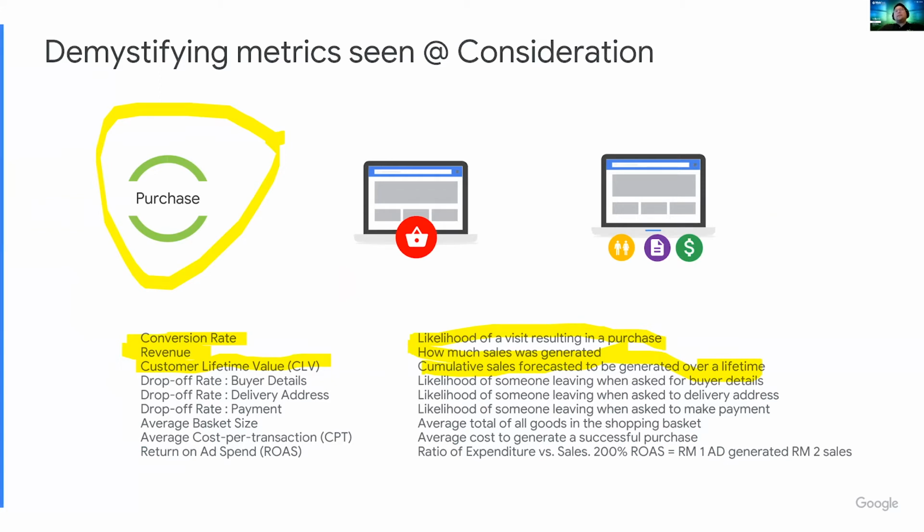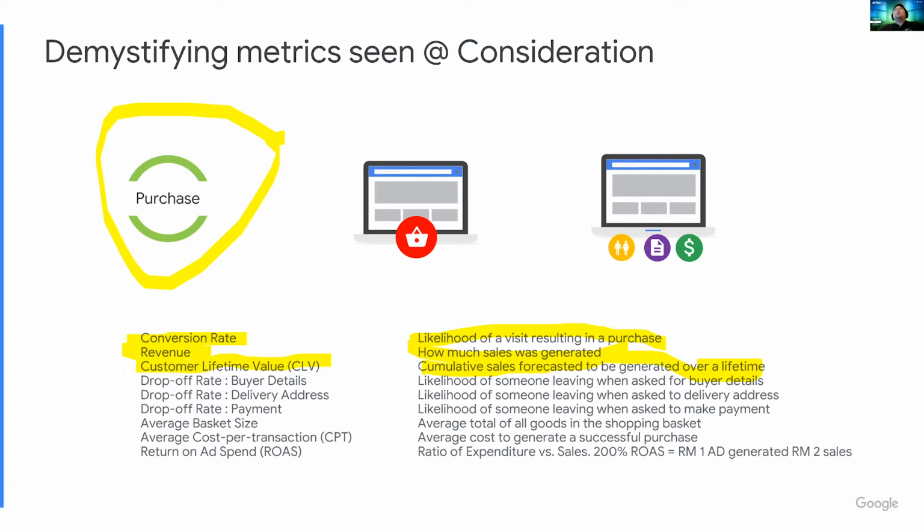So on top of this, in an ideal situation, as what Faisal also mentioned earlier, there are many reasons why people would leave even after they've decided to pay. If you notice in most e-commerce platforms, they force you to register. Some people find that irritating and they decide to leave.